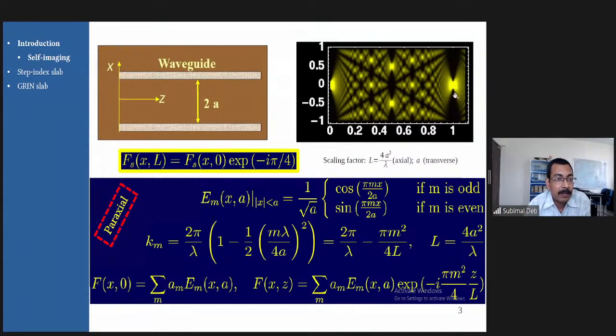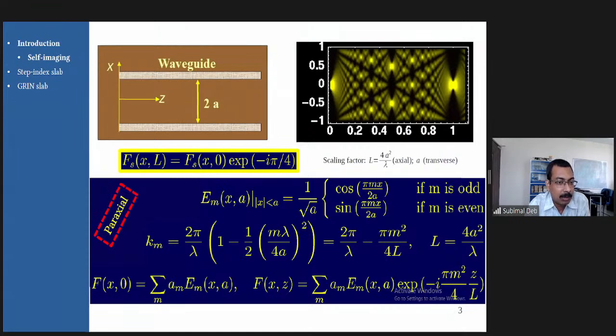But let me tell you that it will be produced at multiples of L only if the input field is symmetric. So if the input field is symmetric, the replica at this distance L, which is 4a squared over lambda, if the waveguide width is 2a, will be reproduced faithfully up to an overall phase factor of minus pi by 4. If you have an antisymmetric field, it is easy to work out the calculations.